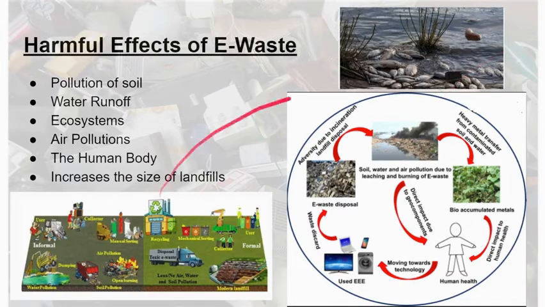So you can see it's a cycle. And of course, it increases the size of landfills. Also, here you can see that many fish have died because of water poisoning. So that's one way ecosystems get affected.